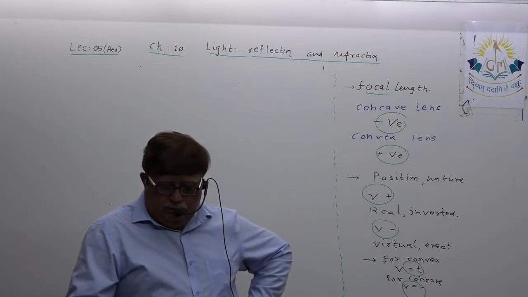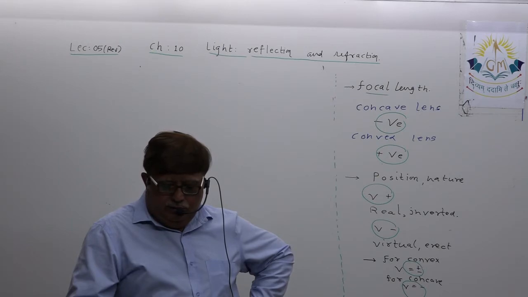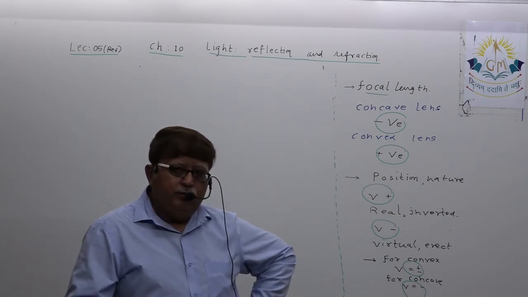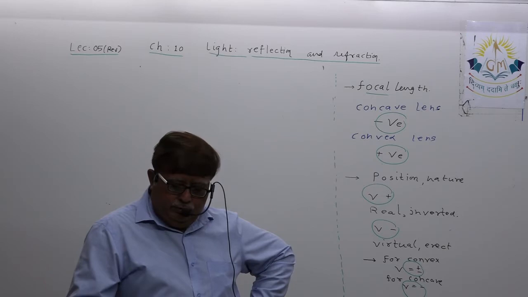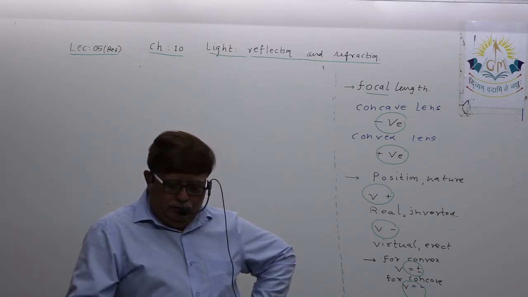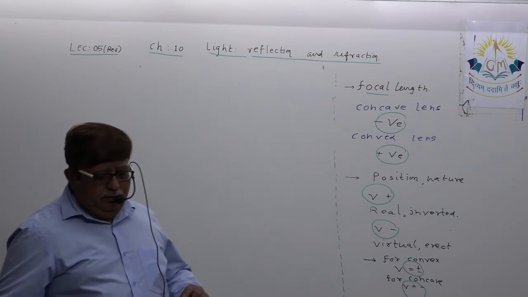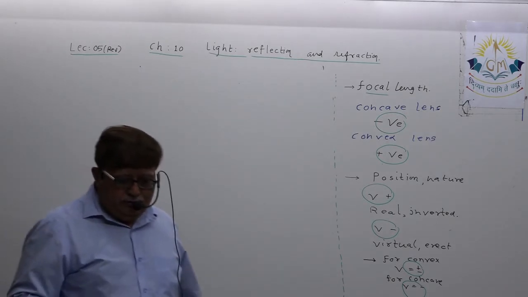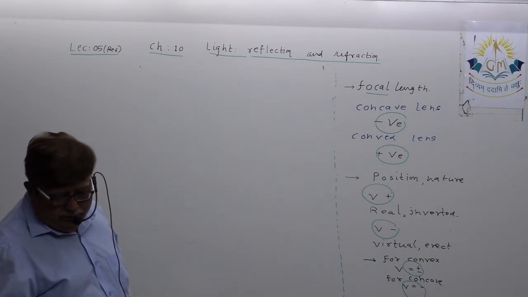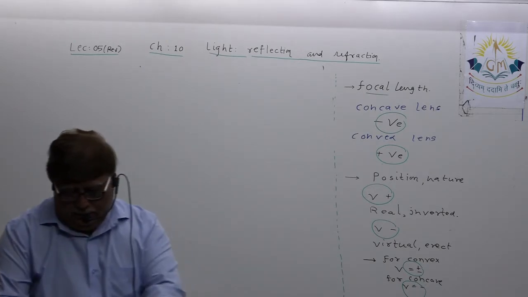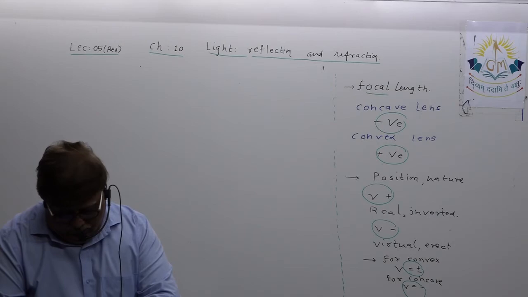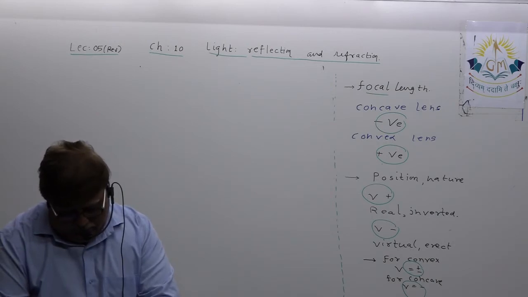At what distance should the object from the lens be placed to obtain its real and inverted image of the same size on the screen? Okay, first you need to understand the basics of this, dear student. It is very important for you to first understand the basics.